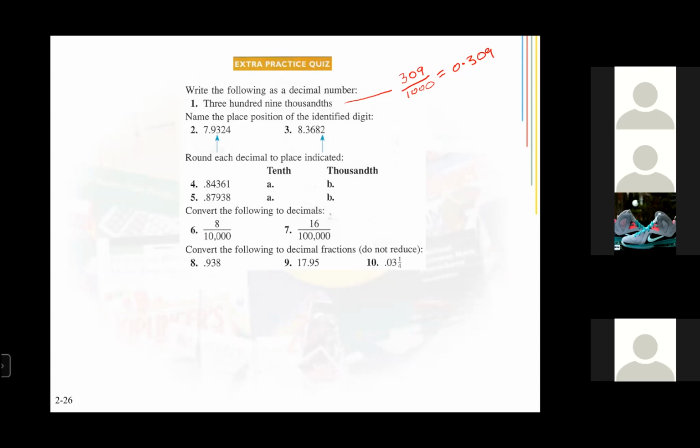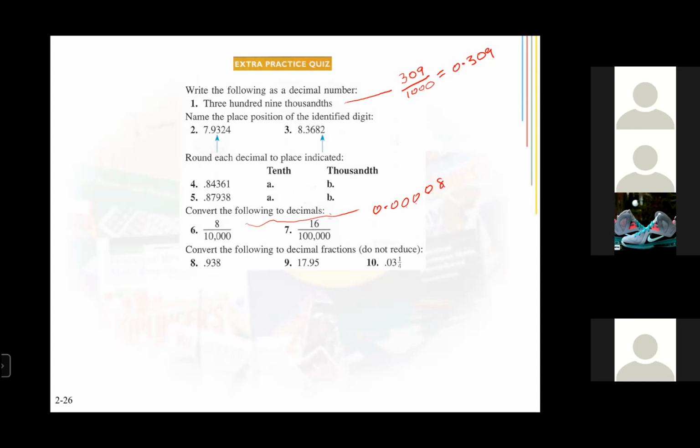All right, Mr. Butler. Number 6, they want you to convert to decimals. So 8 over 10,000. Number 6 would be 0.00008. Let's see now: 1, 2, 3, 4, 5.